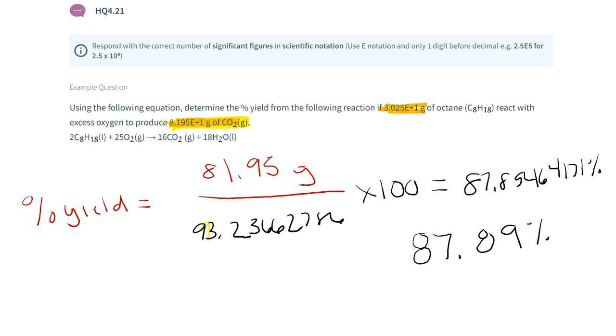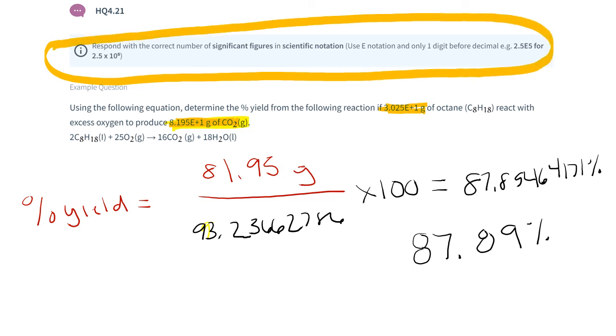But if we look up at the top, you'll see that it does want us to have it in significant figures as well as scientific notation. So we're going to turn that back into scientific notation, which will give us 8.789 times 10 to the positive 1.